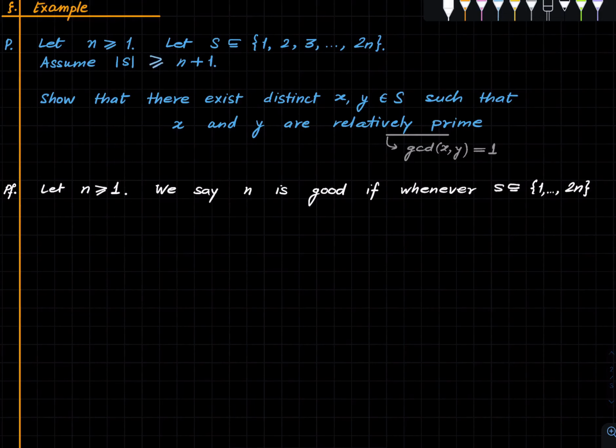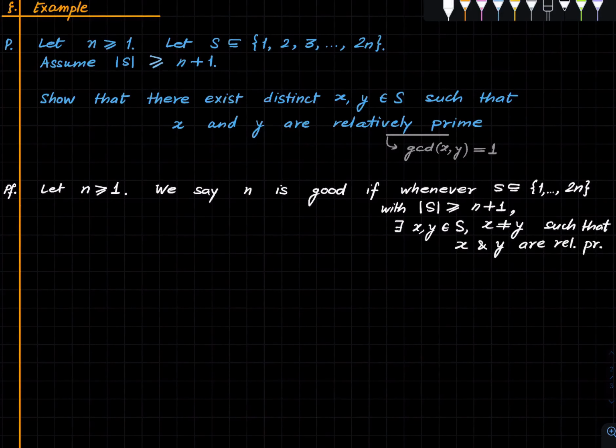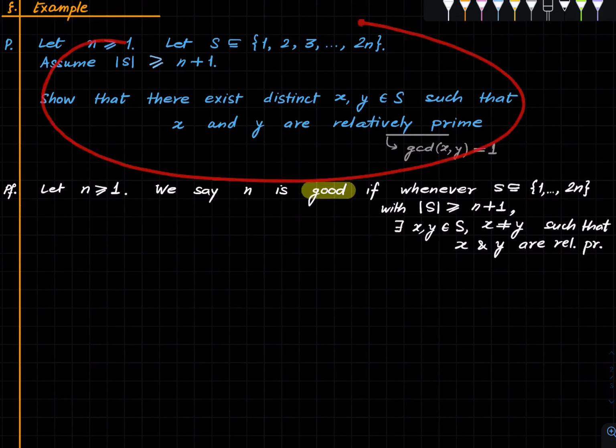Okay, so whenever S is a subset of the first 2n integers with its size at least n plus 1, one can find distinct x and y such that x and y are relatively prime. Any natural number is said to be good if it conforms to the proposition.